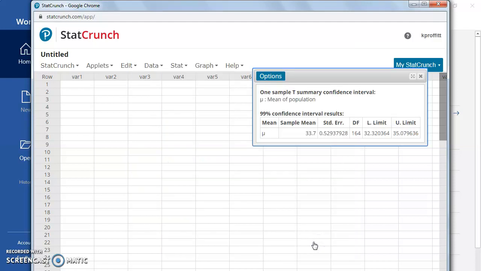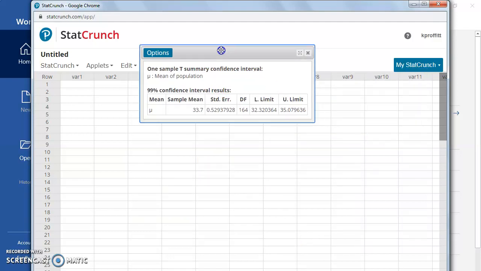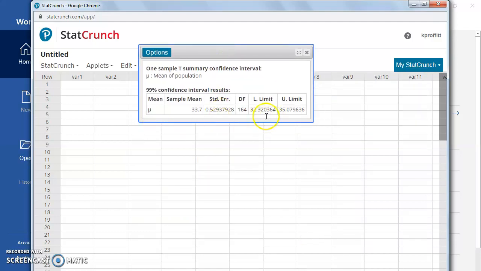Okay, then we'll click compute, and you'll see a box that gives you the lower limit and the upper limit of the confidence interval. So I think they said 1 decimal place, but the lower limit of our confidence interval is 32.3. And then the upper limit of the confidence interval is 35.1, rounded to one decimal place.